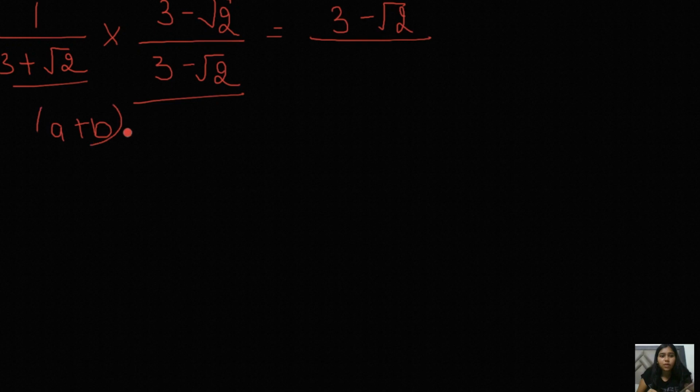You have to rationalize this, so you just have to multiply and divide this with the same numbers but with the opposite sign between them. Then you just have to write them. In this we'll write this formula. I'm writing it again.